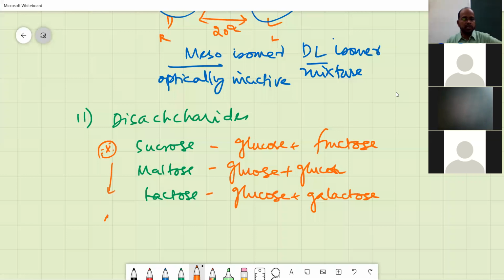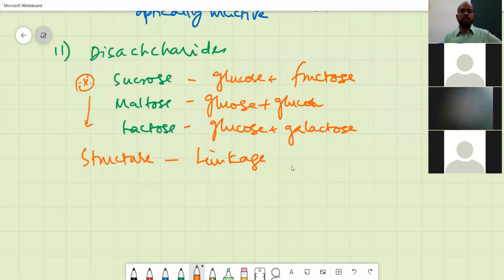You have to write the structure, the linkage, and the type of linkage.